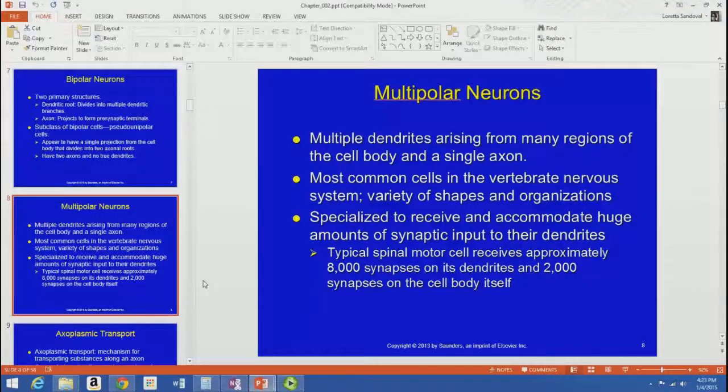And then there's the axo-axonic synapse. So an axon is synapsing directly with another axon, and those can have inhibitory or excitatory effects depending on what's going on in that particular synapse at that particular time, and we will talk about that more later as well.